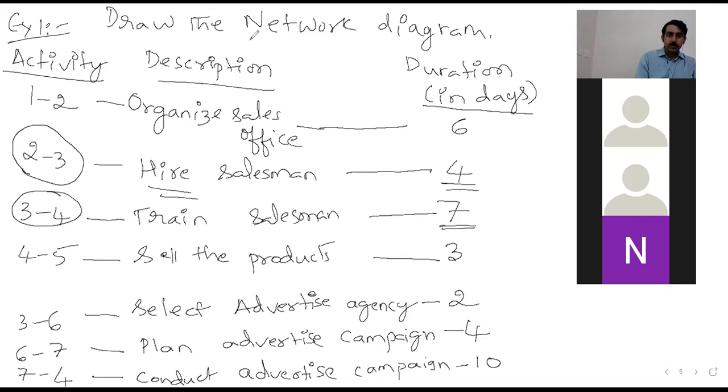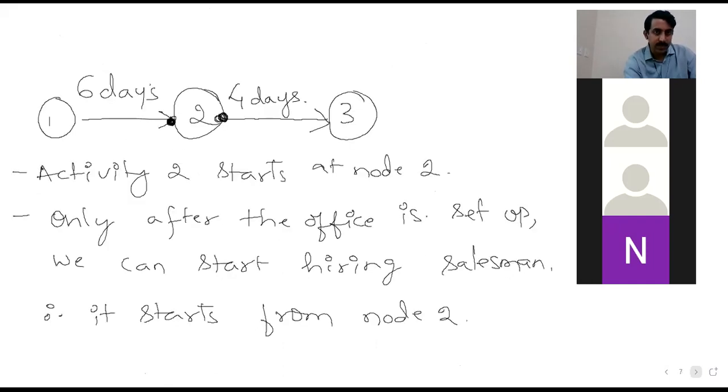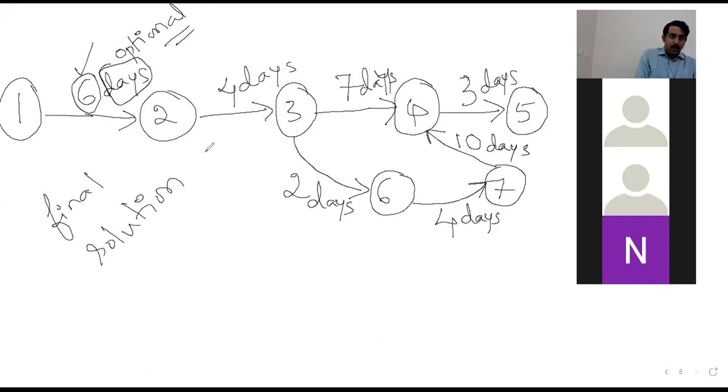Then all these steps are not required, the steps mentioned here, as well as here. This is the final solution, and only this is required. If you draw this diagram, that is sufficient.